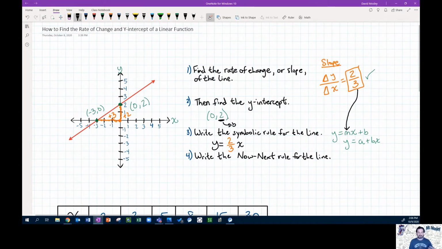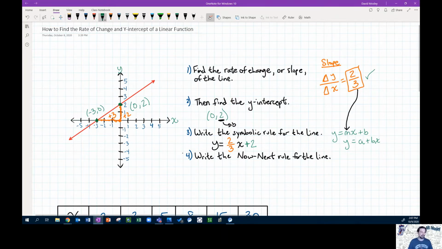In this case, the y value of the y-intercept is positive, so we do +2. If it was a negative number, we'd use -2. But this will be +2. There's our symbolic rule written in slope-intercept form.